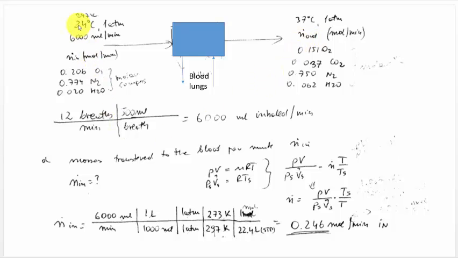So in order to go from the volumetric flow rate to the molar flow rate for the incoming stream, we have to use the ideal gas equation.